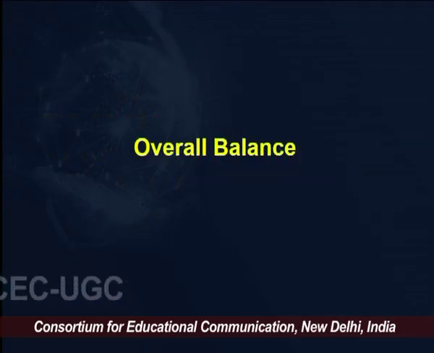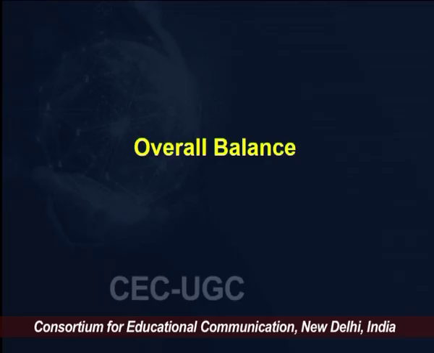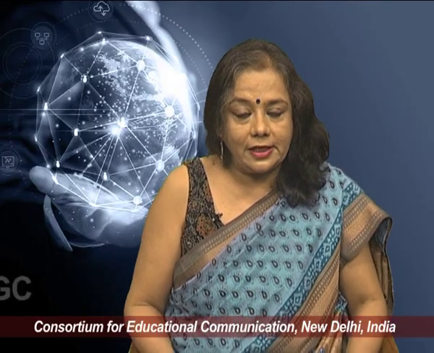Then comes another item of the balance of payment, and that is the overall balance. On the basis of these statistical discrepancies, we can find out the overall balance. Once statistical discrepancy is identified, the overall balance can be arrived at.